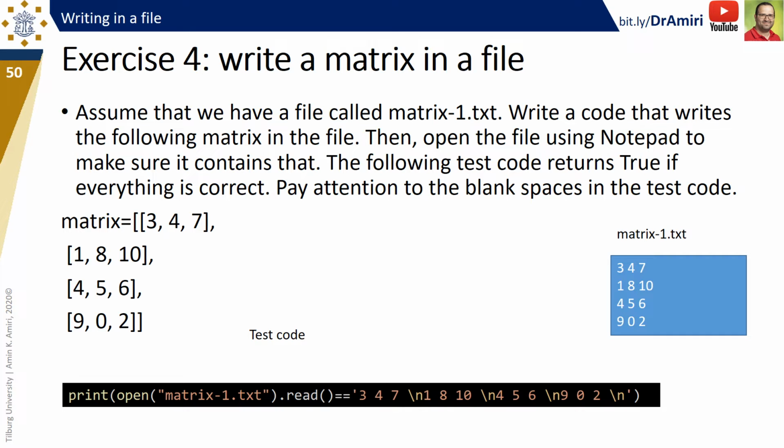As you can see, each row of the matrix you need to write in one line in the file, and elements are separated using blank spaces. And there is a test code to make sure that you write the code correctly. Note that there is a blank space between the last element of a row and \n.